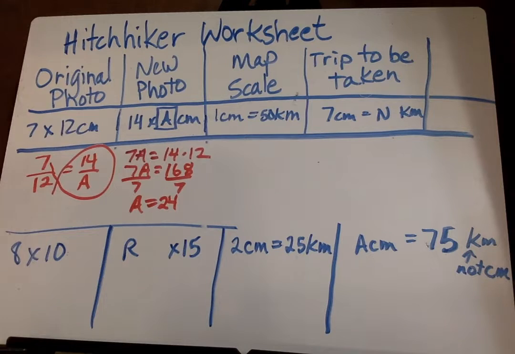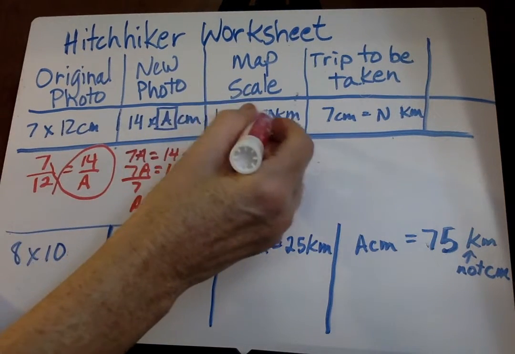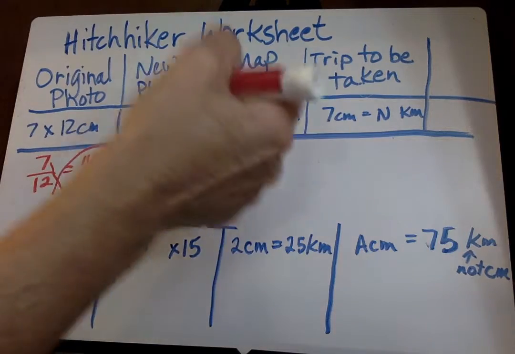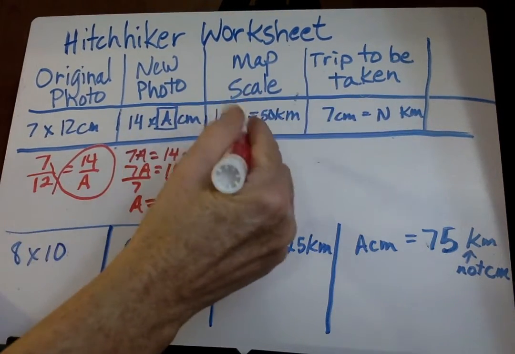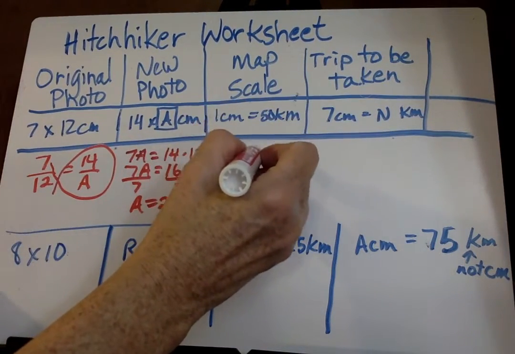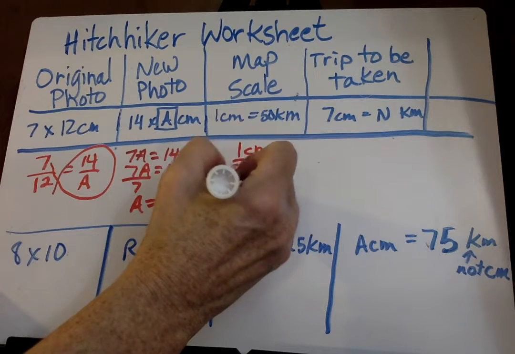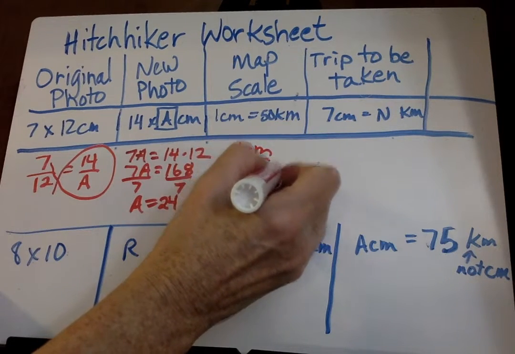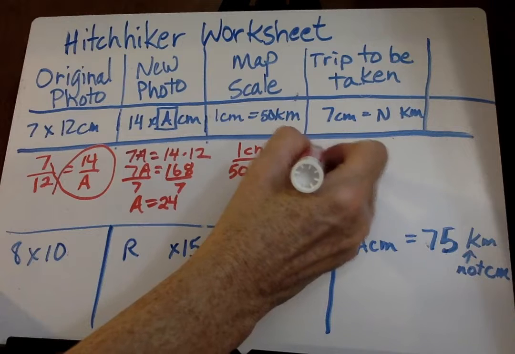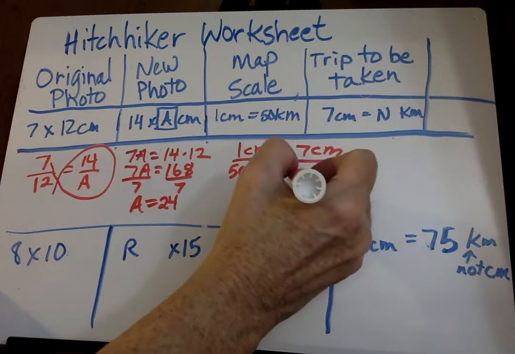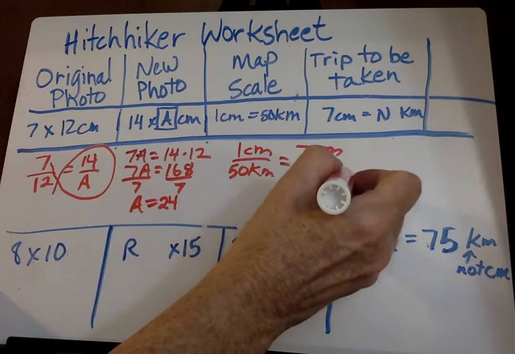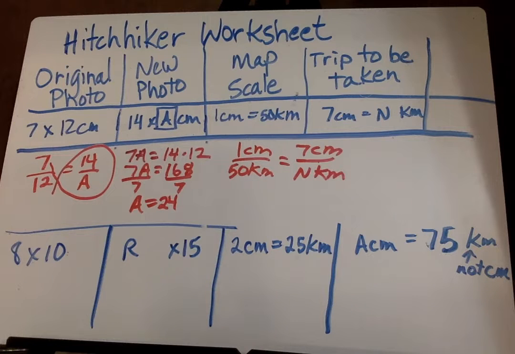Next, we're going to go on. 1 centimeter equals 50 kilometers. So 7 centimeters is how many kilometers? So 1 centimeter over 50 kilometers equals 7 centimeters over n kilometers. Now we're going to go ahead and do the fish.